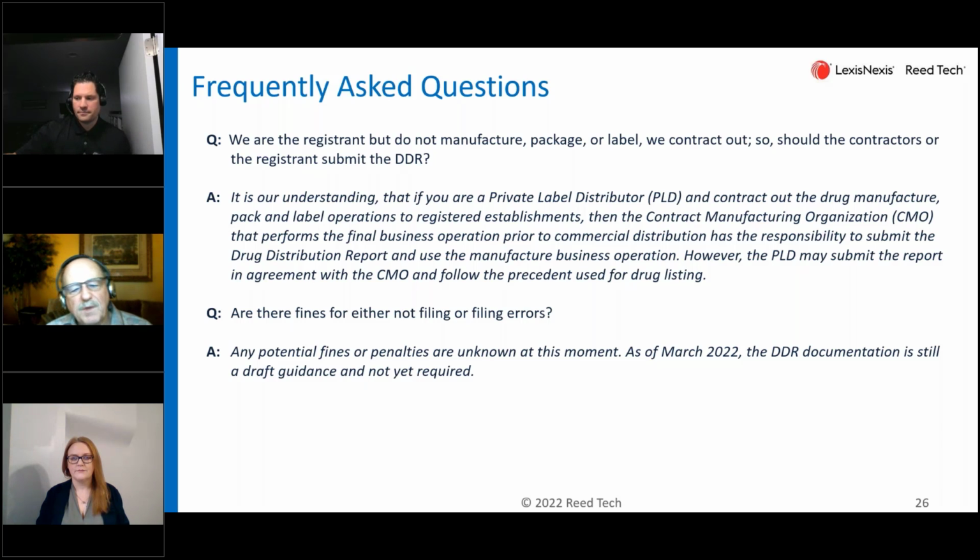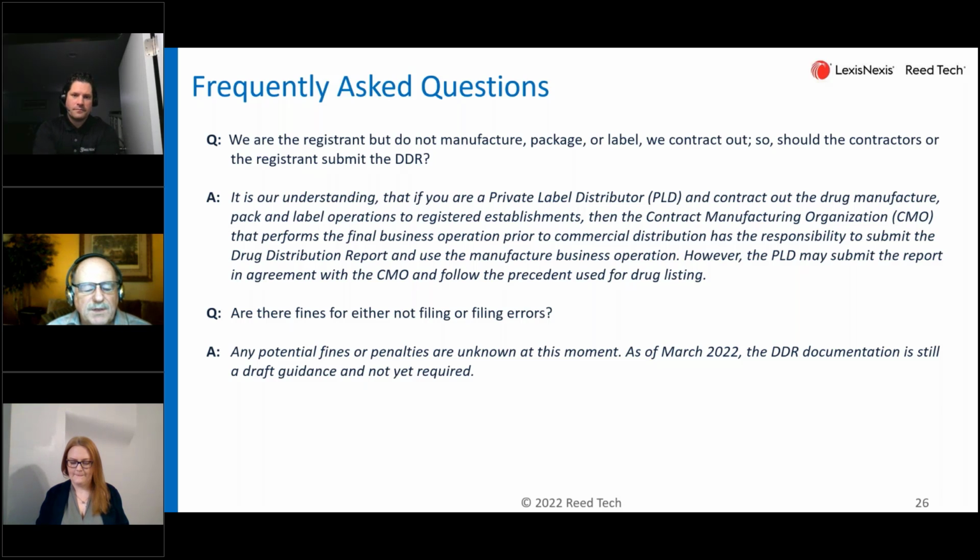So remember, there'll be 2 sets of NDC numbers, and as a contract manufacturer you'll have to work your way down through that and figure out what you manufactured, and then what was actually distributed by the private label distributor. Now, one contract manufacturer might have multiple private label distributors.